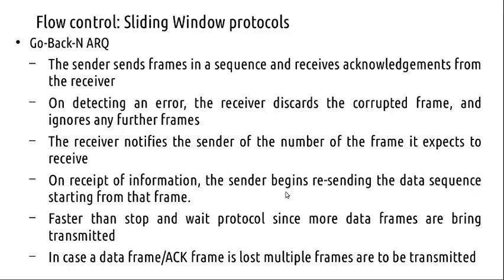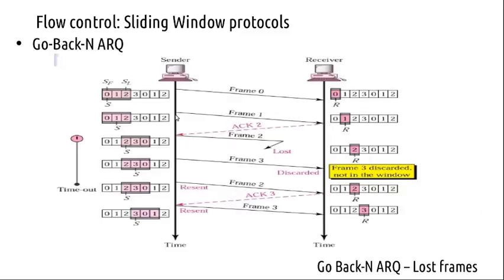Suppose there are 5 frames with sequence numbers 0, 1, 2, 3, 4, and after the second frame is transmitted, the frame with sequence number 2 is lost, and you have gone on to transmit 3 as well as 4. It is understood that frame 2 has been lost, so it will again begin transmitting from frame 2, 3, 4 onwards.